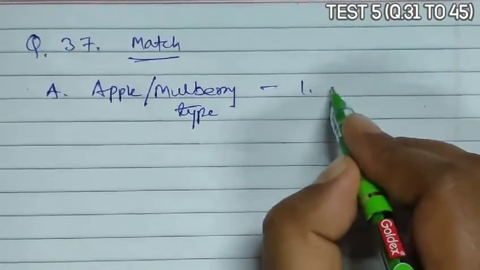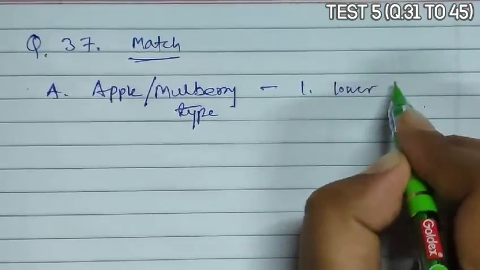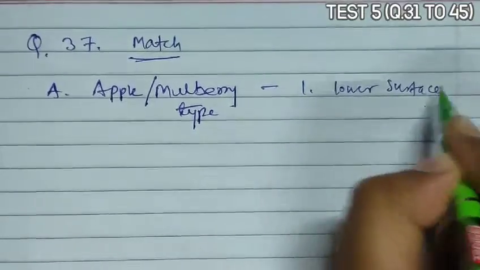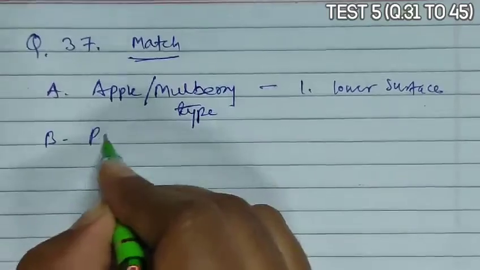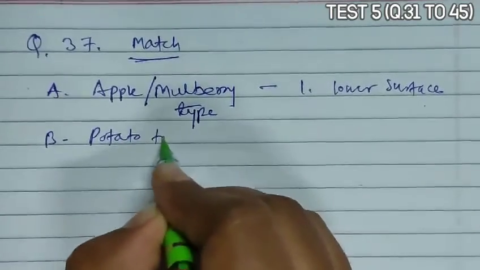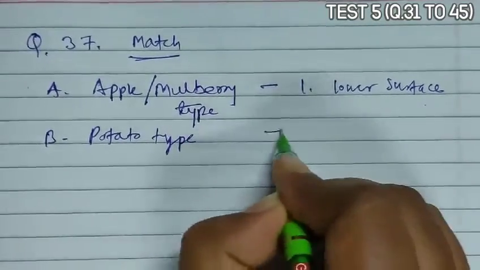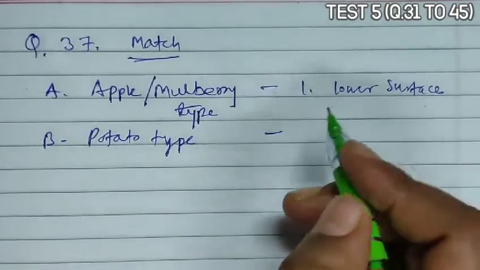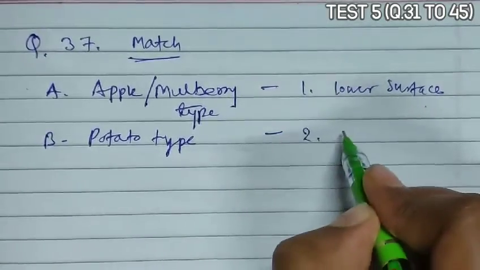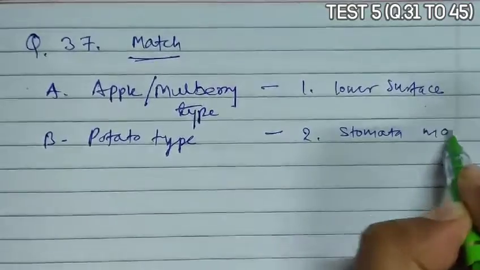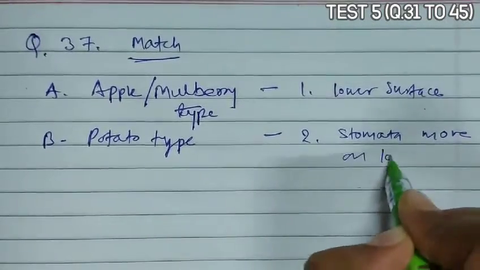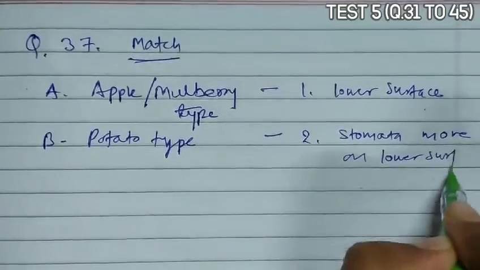So it matches with option 1. B is given as potato type. Now potato is a dicot, and we know that in dicot the stomata are more on the lower surface. So the second option is stomata are more on the lower surface.